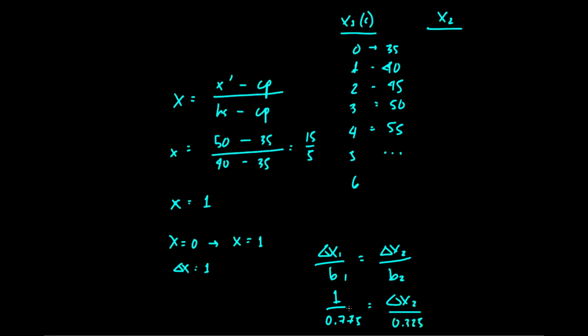This gives me, pagka sinolve ko to, this gives me delta x2 is equal to 0.4194. So ngayon, if I want to do the incremental movement of my x2, I'll move in increments of 0.4194.